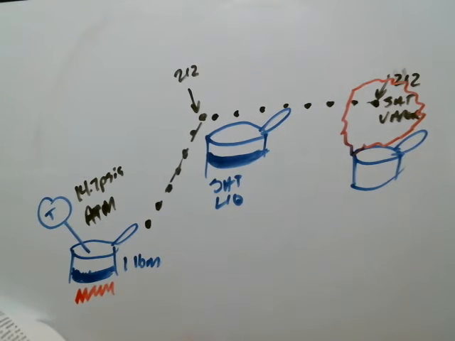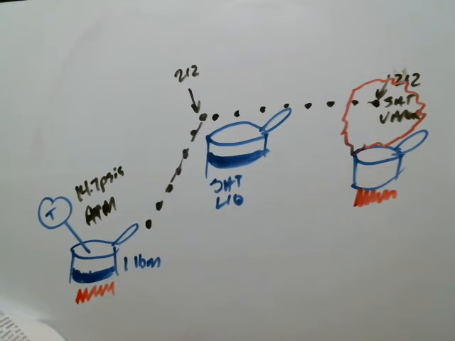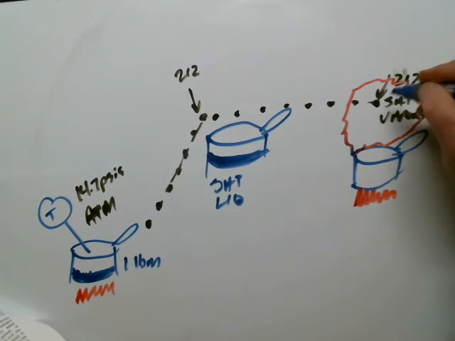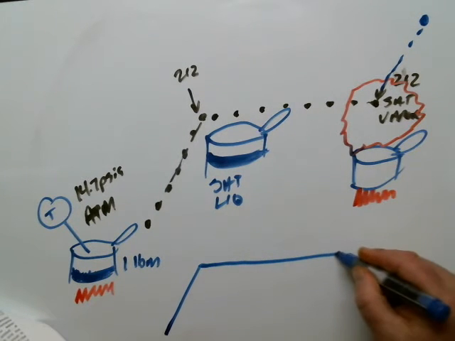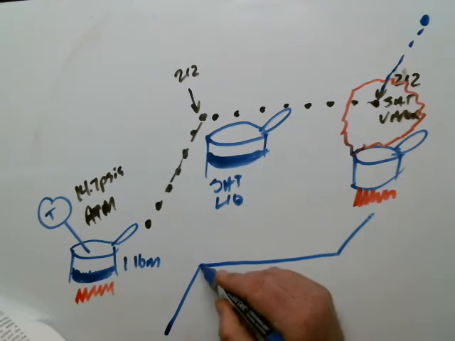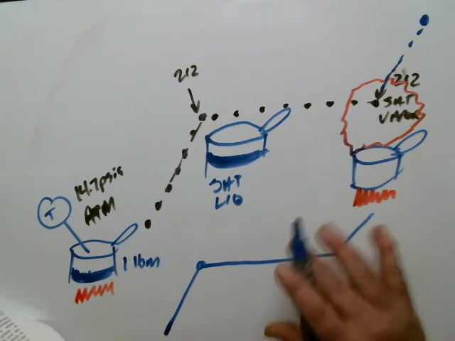And if I add energy now to that saturated vapor, I can get above 212 degrees up here. Look at the shape of that curve. It goes up, across, and up with some very key points right here and here. This is at a constant pressure.